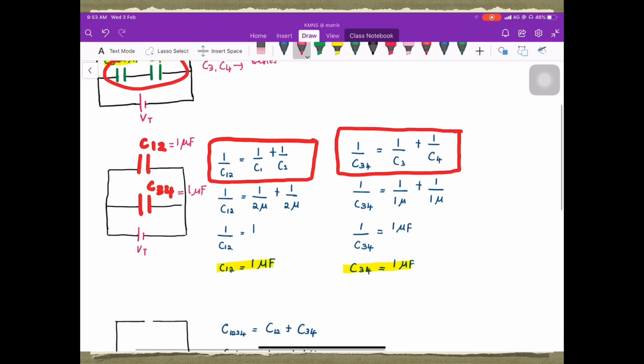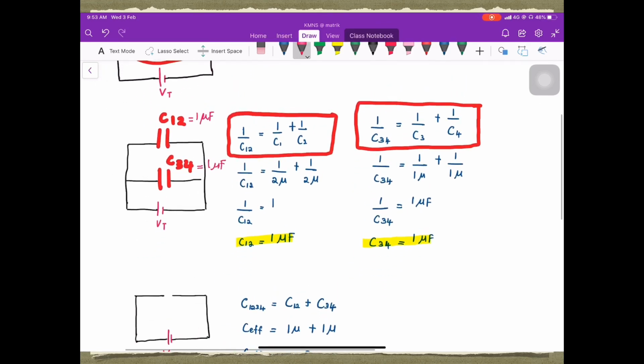Okay, now, next. We want to combine C12 and C34 here. Now looking at this diagram, the combination now is series or parallel? Parallel. So from here, we will get the single capacitance combination of C12 and C34.